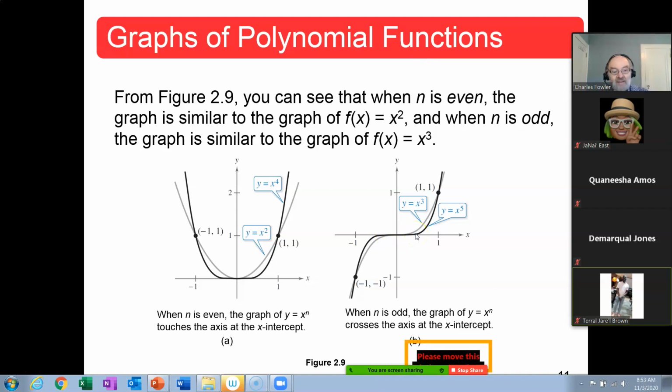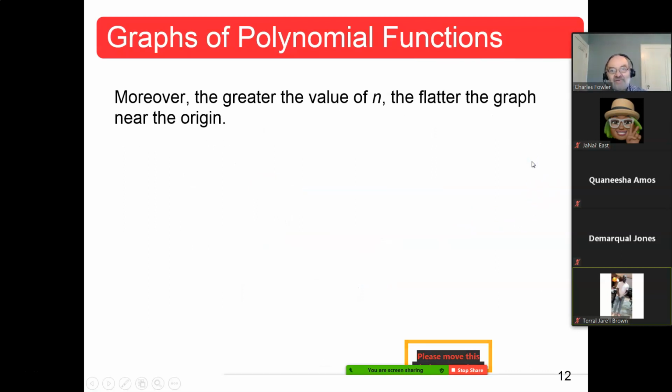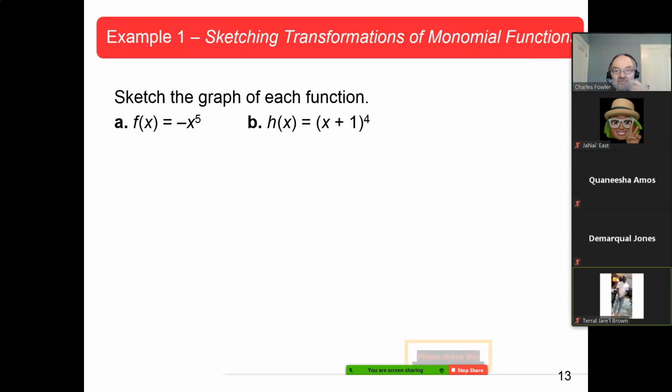Okay? Those are your basic graphs of your power functions, those special kinds of polynomial functions. Okay. And I can't get my screen to advance, so here we go. Moreover, the greater the value of n, the flatter it is near the origin, the steeper it is at plus and minus 1.